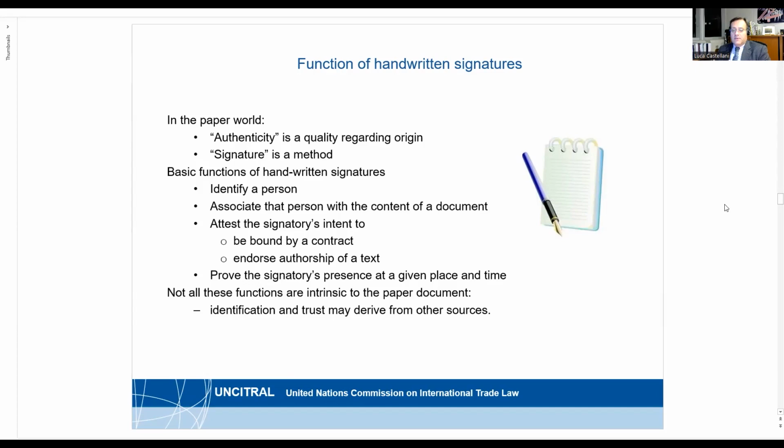Sometimes we get sufficient information from the paper document itself about the signatory, but sometimes we don't. And we may need additional information. For instance, in some cases, it's not enough to sign. One has to be identified with an official document, with a picture, and with maybe even a sample of the signature. So it's not that handwritten signatures in themselves are the only or the ideal solution to all the problems.